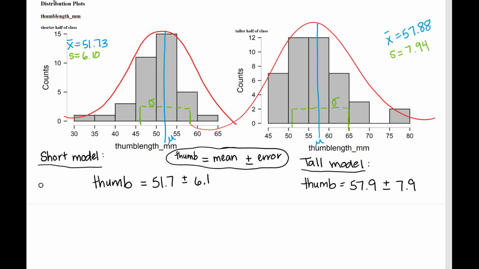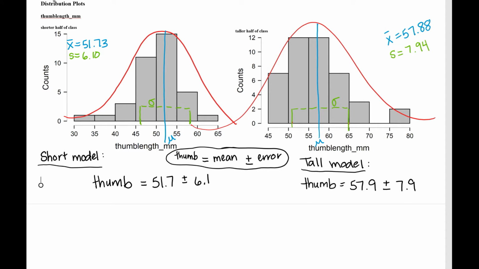But then again, it could reasonably be as low as 6 lower, like 45, 46. Or maybe it's a bit higher. Maybe they're a little taller of a short person, and so they're up on the right-hand side, and theirs could be maybe up around 58 or so, right?